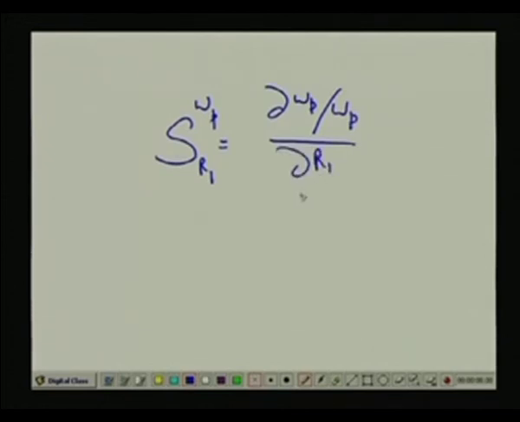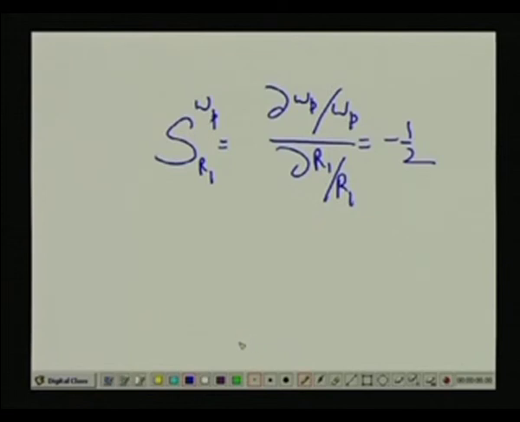So, what is the sensitivity now? The sensitivity S of omega p with respect to R1 is delta omega p by omega p over delta R1 by R1, which in this case is minus half.